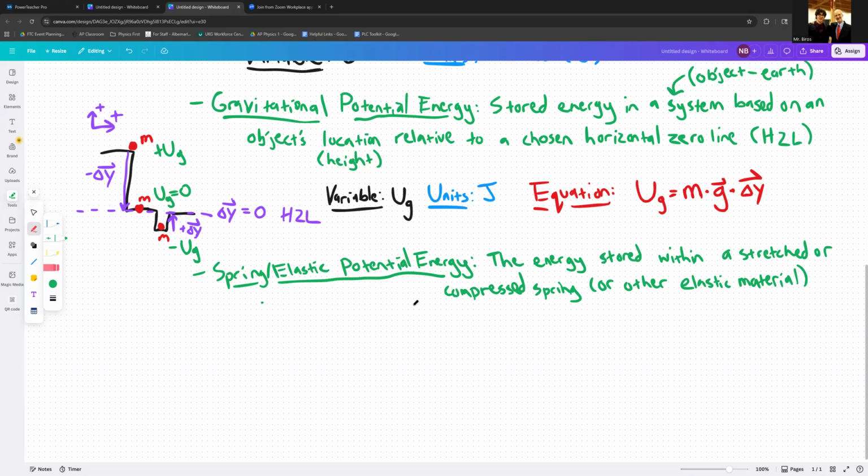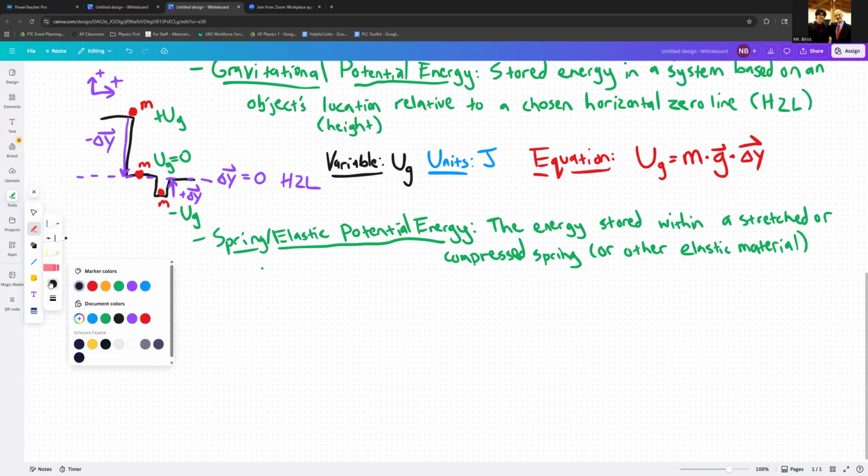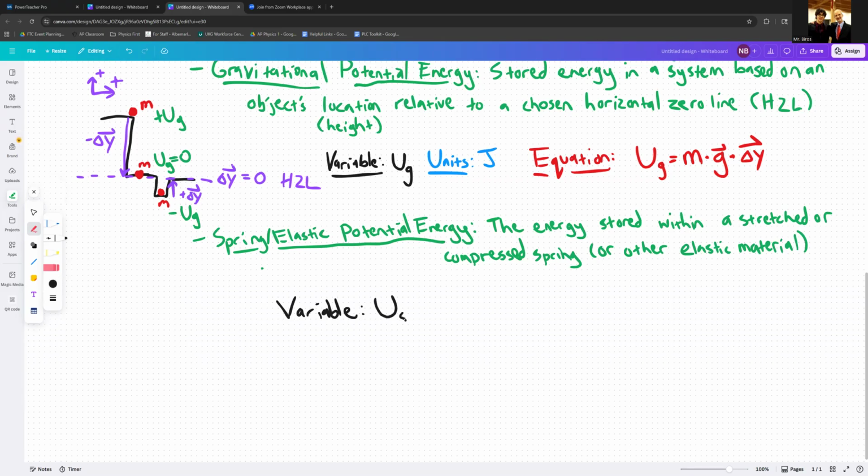All right, let's go through this one. So the variable is U_S, U subscript S, for spring potential energy. You could also do U with a subscript ELAS. I'll throw it in there.